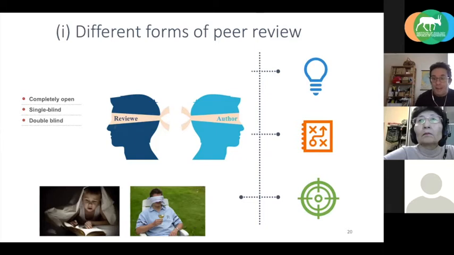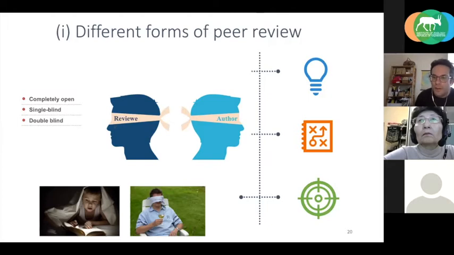In completely open peer review, you and the reviewer know who each other are. In single blind peer review, the most common kind that journals use, you don't know who the reviewers are, but they know who you are. The reviewers remain anonymous, but the reviewers know the identity of the authors. That is the most common kind that journals use internationally.